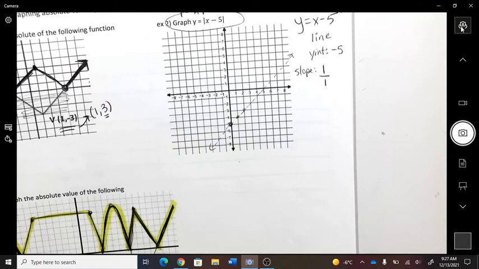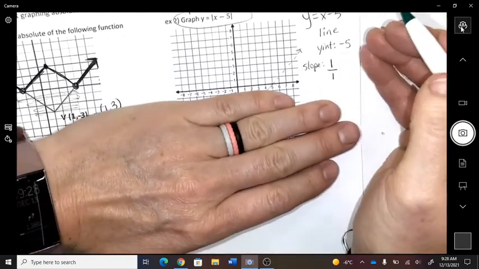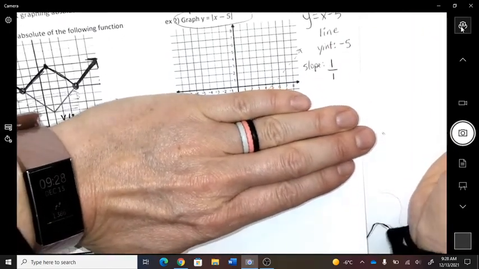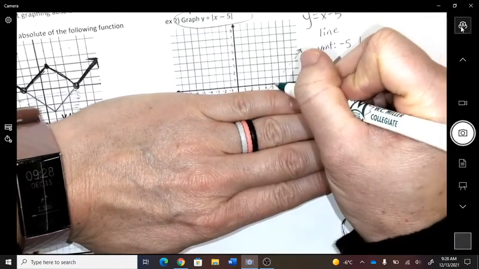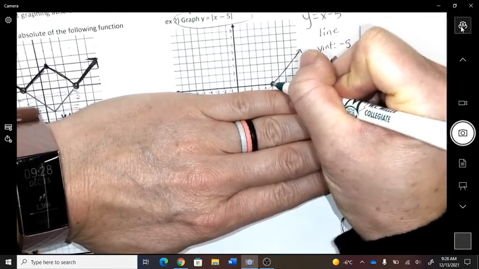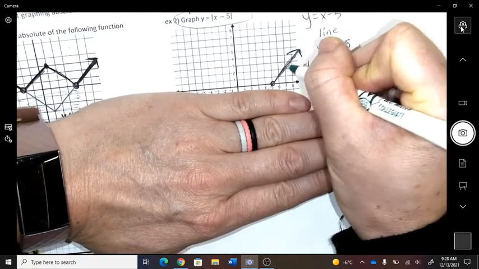Okay, how do I absolute value that graph? So what are you going to do? Where do you see this line above? So wherever you see it above will stay above the x-axis and equal to the x-axis. So this part of the line will stay.